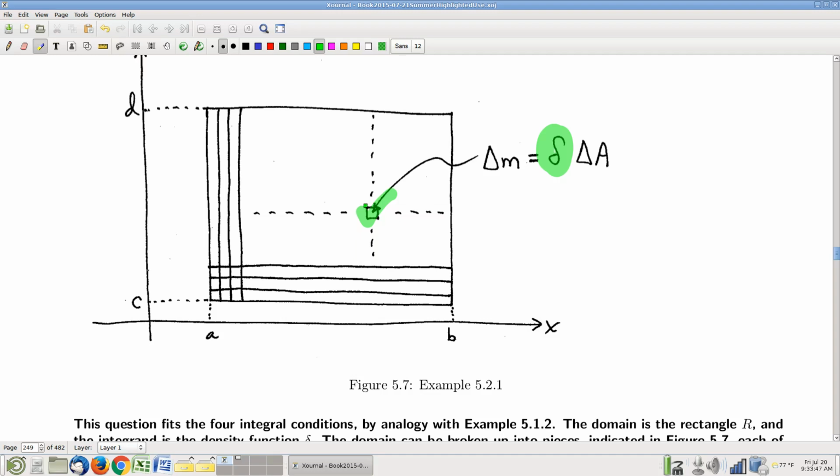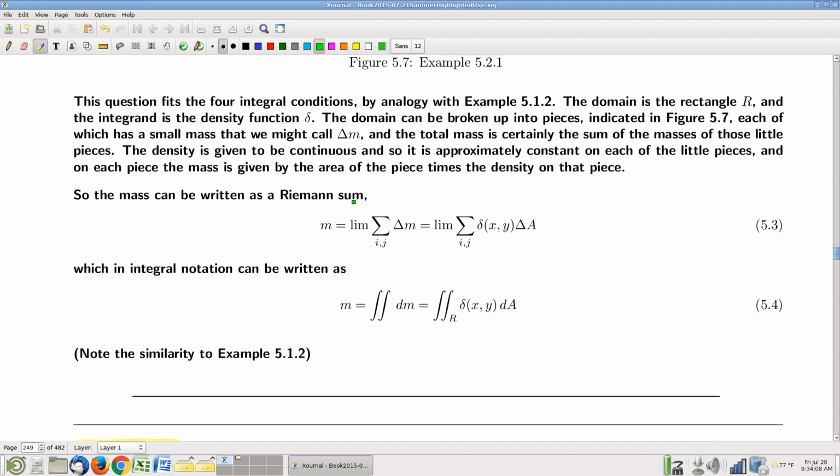But on any given little piece, if you focus your attention on one itty-bitty, teeny-weeny little piece, then on that piece mass is density times area. Because even though density is not constant across the whole region, it is approximately constant, by being continuous, on that little piece. Okay, so that being the case, since mass is an accumulating quantity, right?